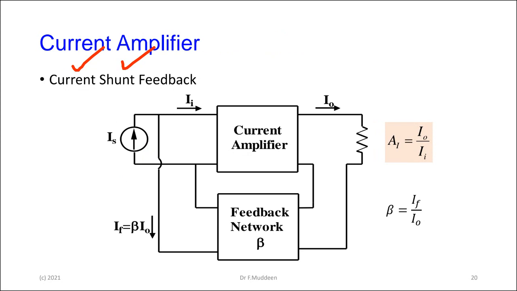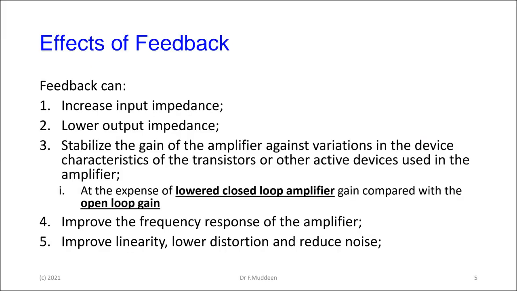Tomorrow, we're going to look now. We made some statements here that feedback changes these particular parameters. So we're going to start in tomorrow's class and look at how, by doing the feedback, we increase the input impedance, lower the output impedance, stabilize the gain, and improve the frequency response of the amplifier.